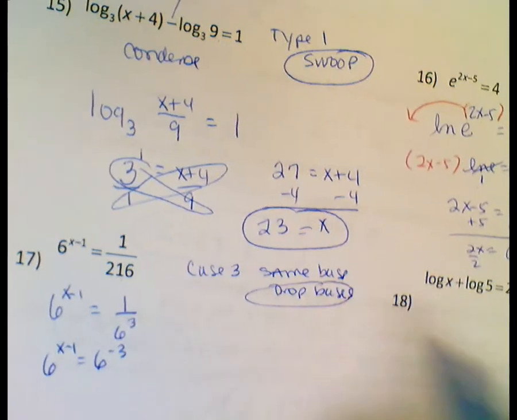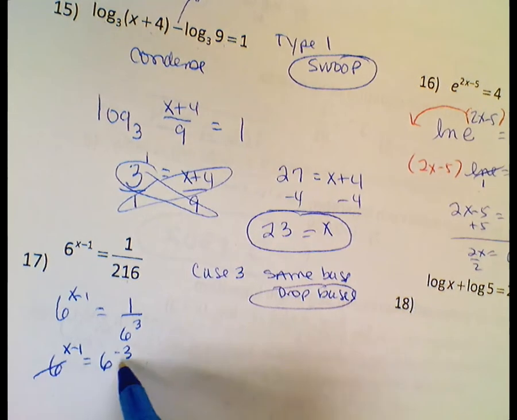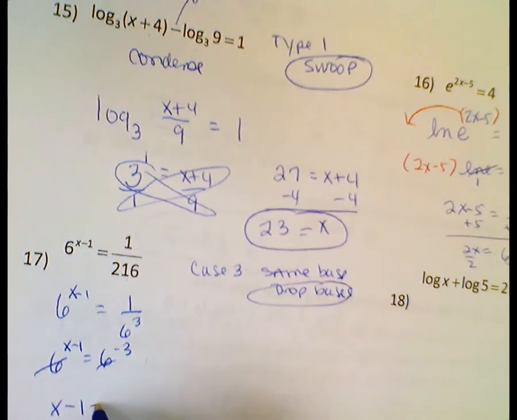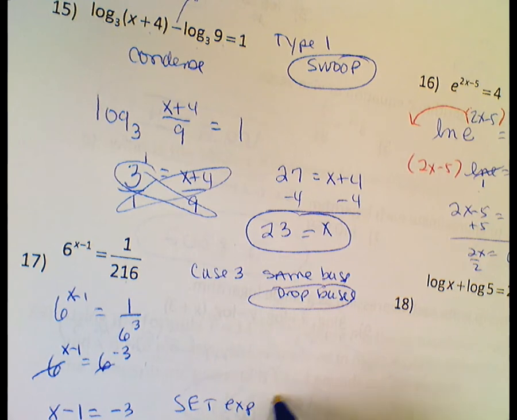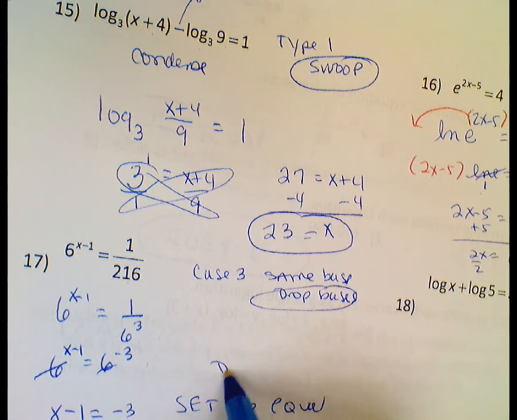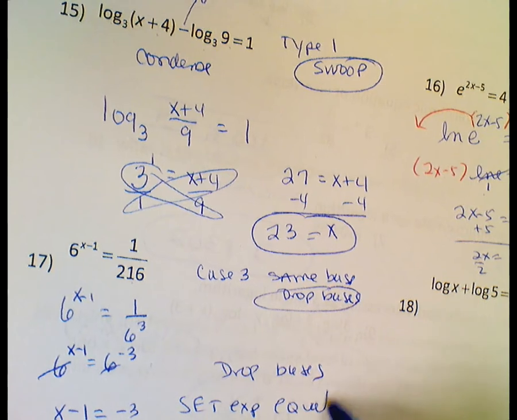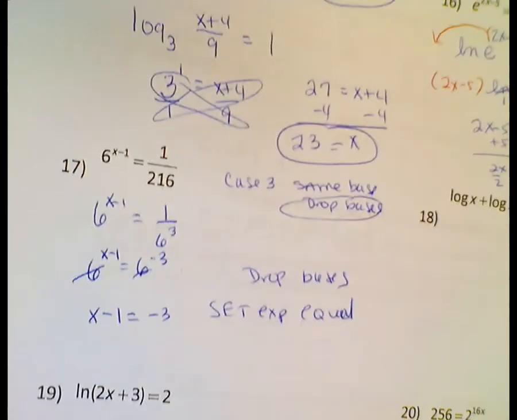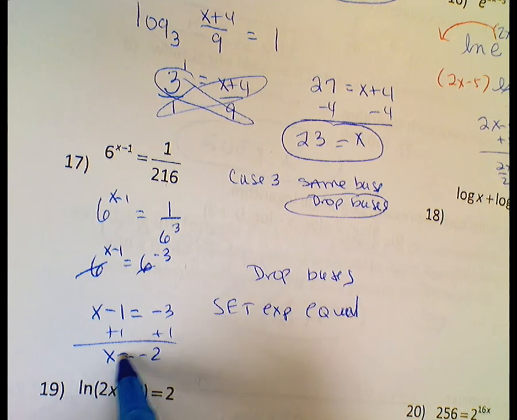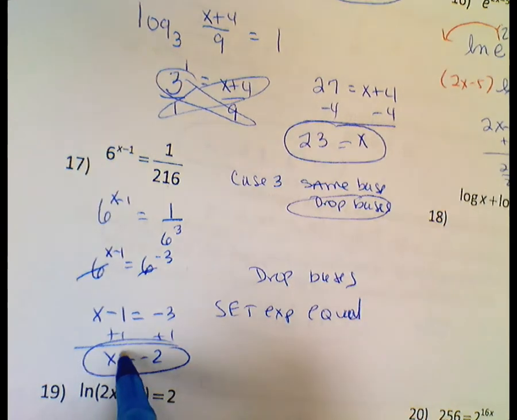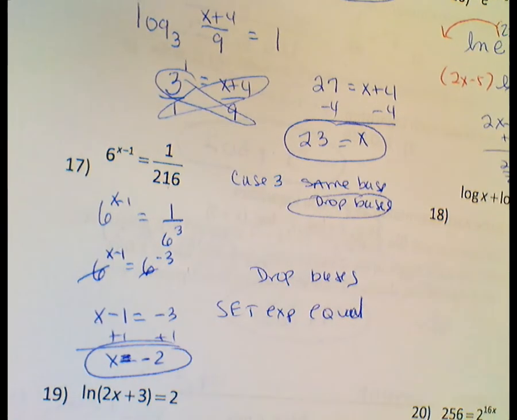At this point, we're going to drop the bases. Drop, drop. Set your exponents equal. Okay, so we're going to add 1, and x equals -2.